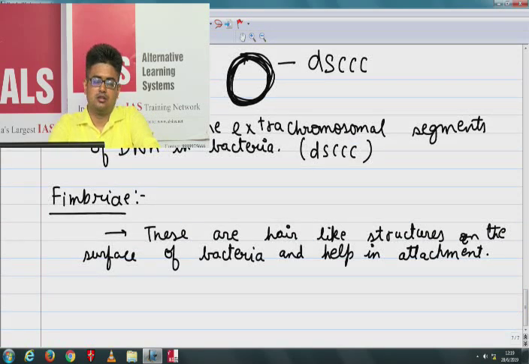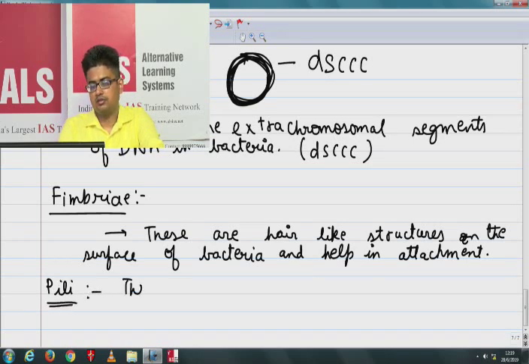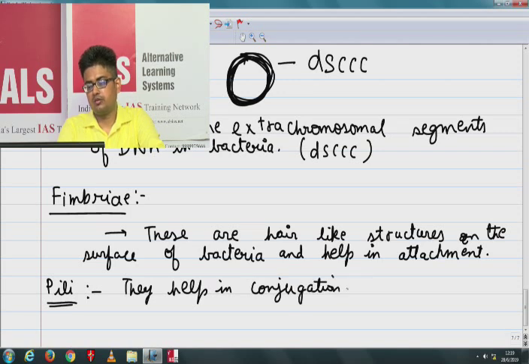This is done. Pili do not help in attachment. They help in conjugation. Just write this only. Actually, two pili of two bacteria come together and form a structure called the conjugation tube. We'll cover this later. Okay, fimbriae done, pili done.